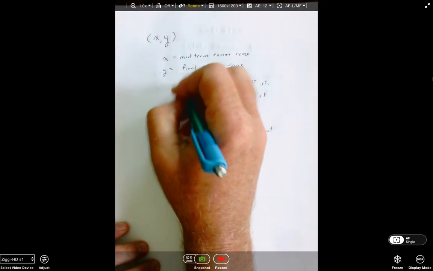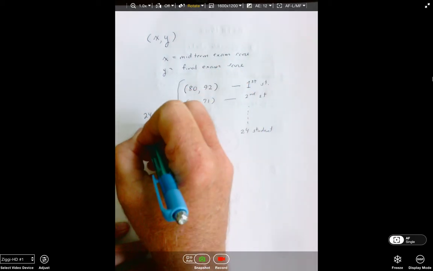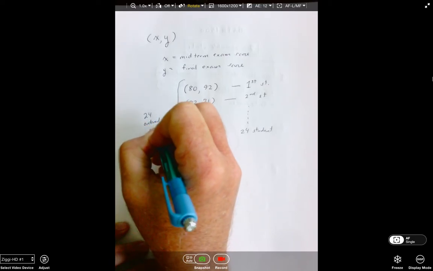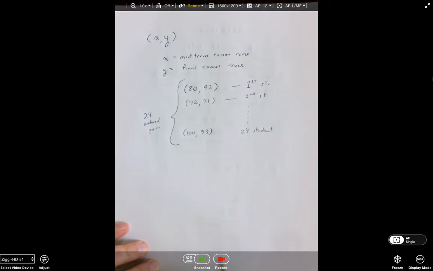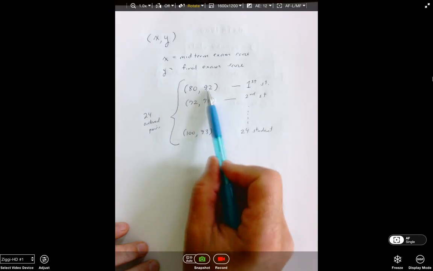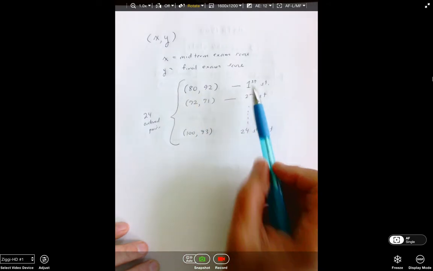So guys, we would have what I would call n, or 24, ordered pairs. And these, again, fall in the realm of two variable statistics because we have two data points on each particular subject.